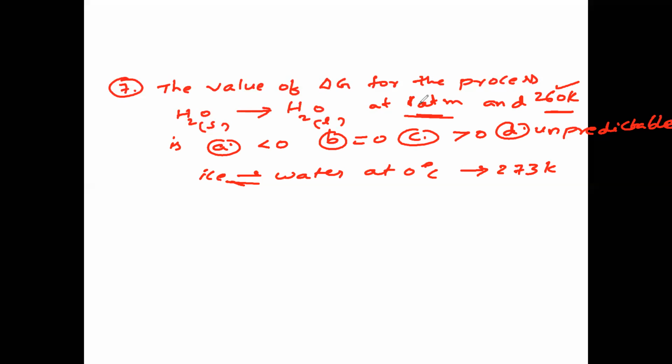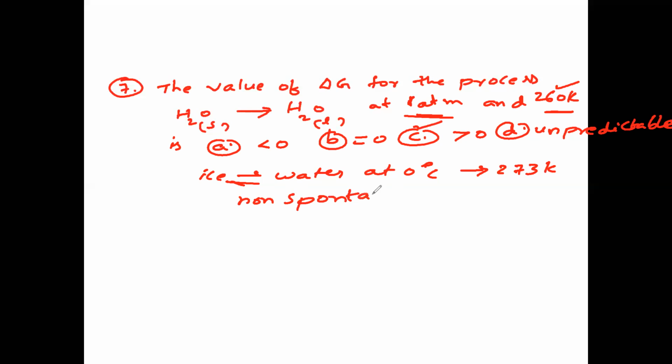If the pressure were different, we could say it is unpredictable. But since atmospheric pressure is given, you can guess it easily. The answer is the third option, greater than 0, because it is non-spontaneous.